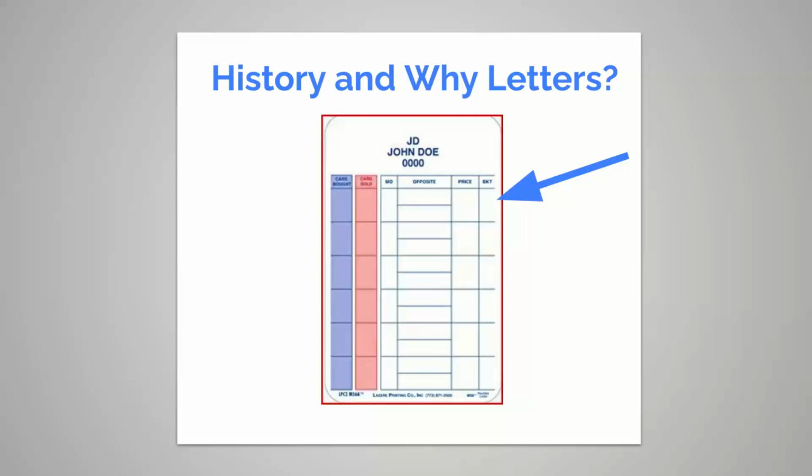So when a trader did a trade, where the arrow's pointing on the far right side, they would write the letter of the bracket. So A, B, C, D, and that time slot, say from 9 to 9:30, always had a specific letter. It was always the same letter.